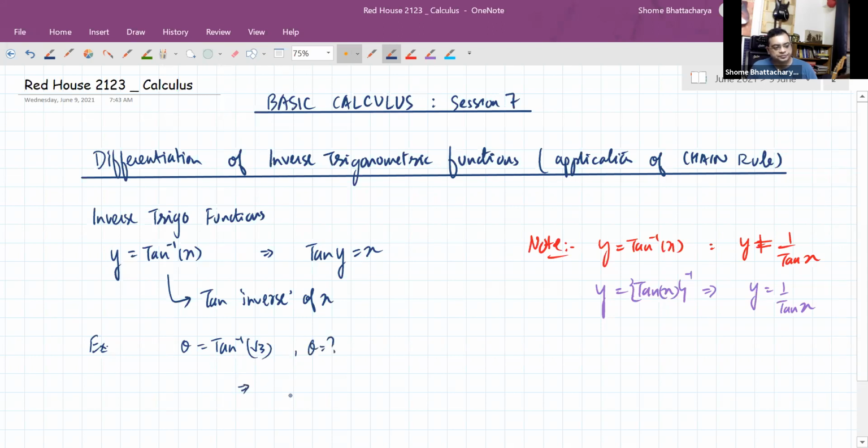So it means that tan theta is equal to √3. The fundamental solution is that theta is equal to pi by 3 or 60 degrees. Of course, theta will also have a solution in the third quadrant, but if we are treating it like a function, then it should have a unique solution. So we will take the solution only in the first quadrant.